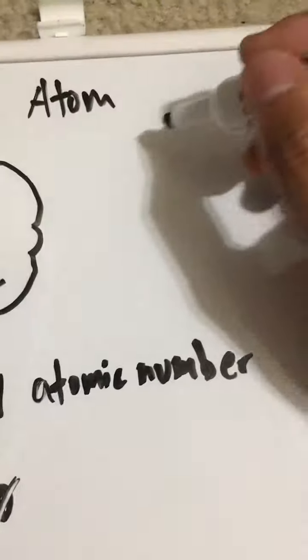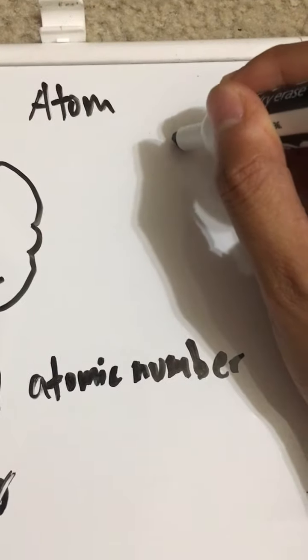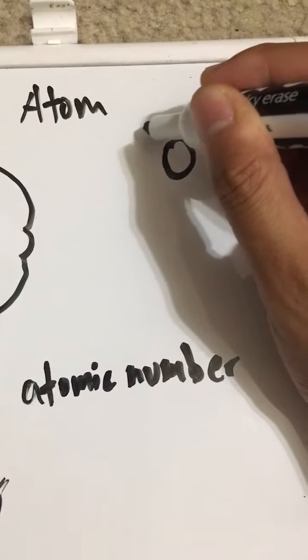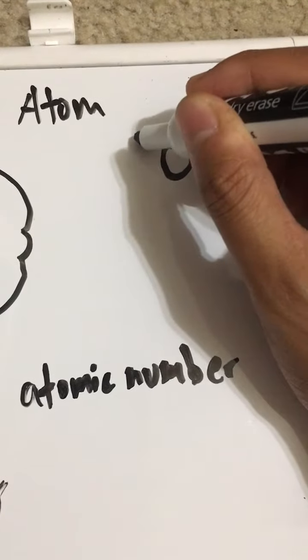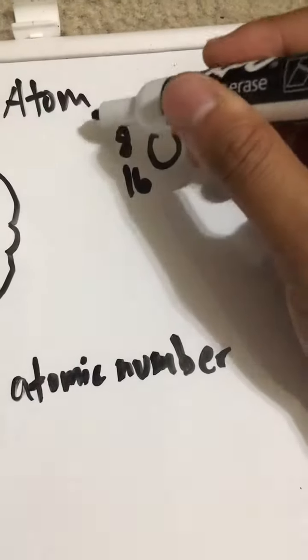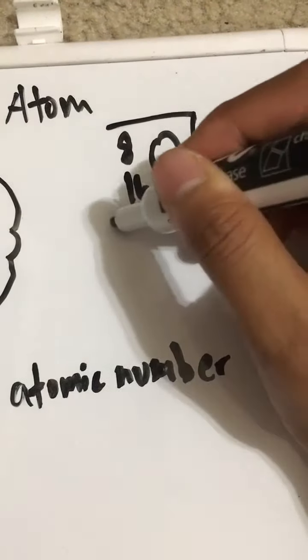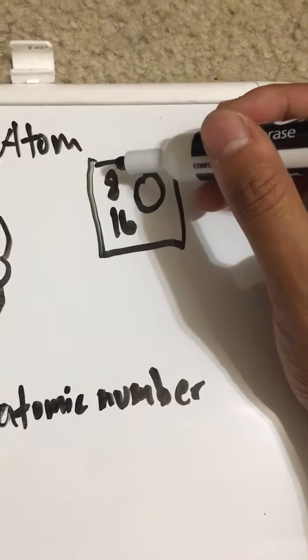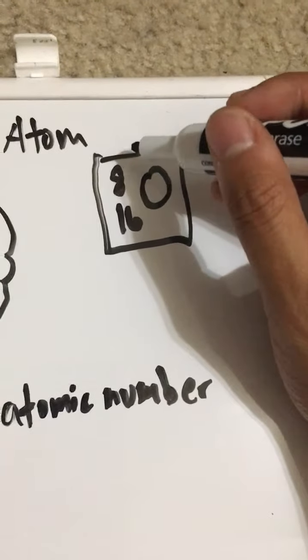If you look on the periodic table, I'll use oxygen as an example. Some periodic tables will be written like this. And so for oxygen, let's look at the top number. That is the atomic number.